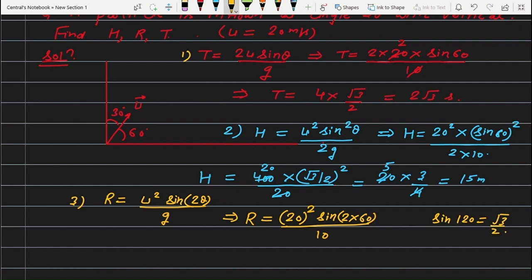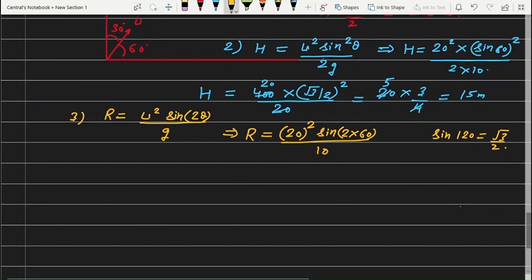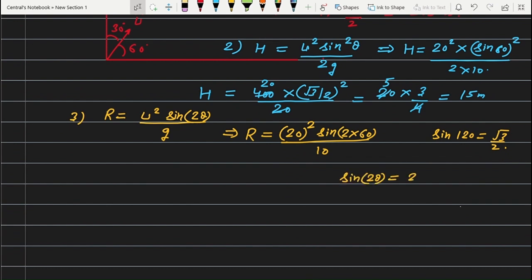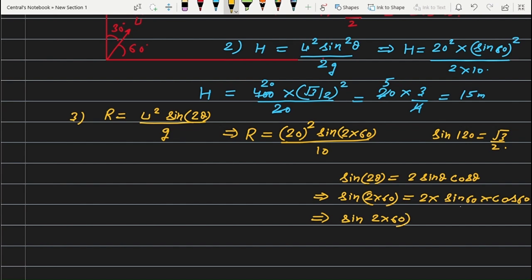Sine 120 is equal to root 3 by 2. But अगर आप sin 120 नहीं जानते हैं तो you can use the formula sin 2 theta equal to 2 sin theta into cos theta. That means sin 2 into 60 equal to 2 into sin 60 into cos 60, where sin 60 is root 3 by 2 and cos 60 is 1 by 2.